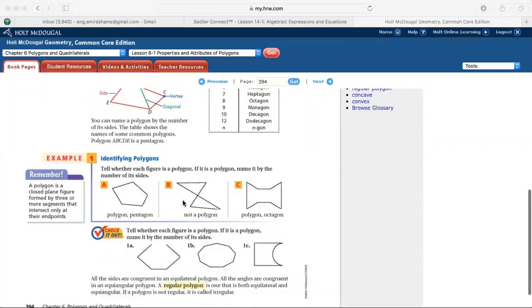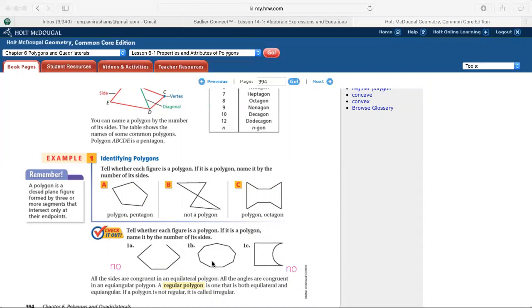Here, tell whether each figure is a polygon, and name it. This one is no, because it is open. This one is no also, because it has curves and it should be formed from sides.